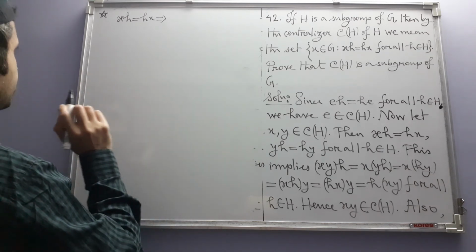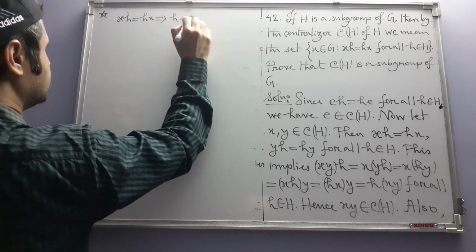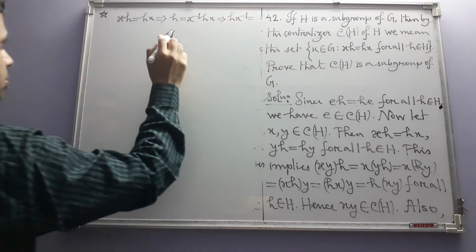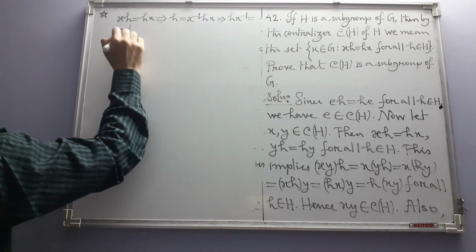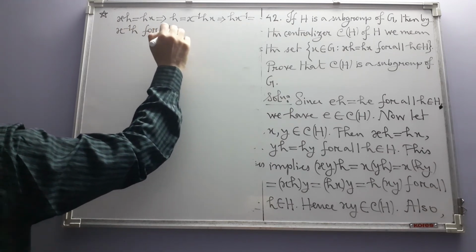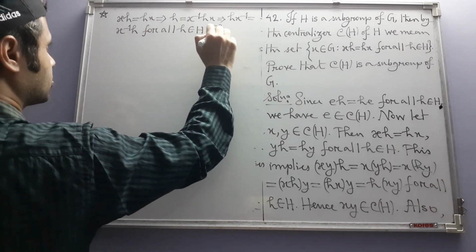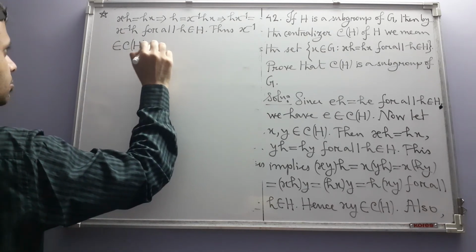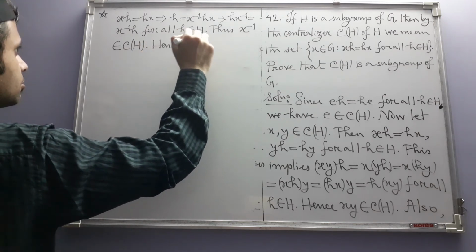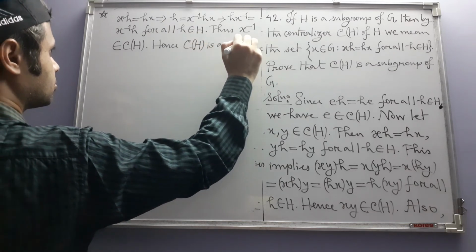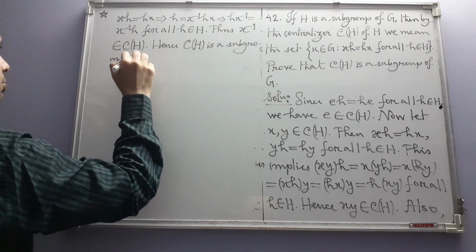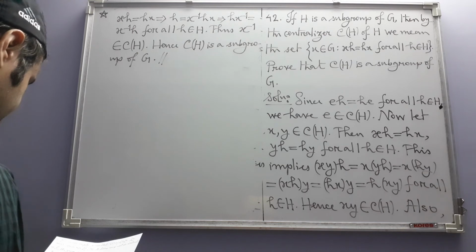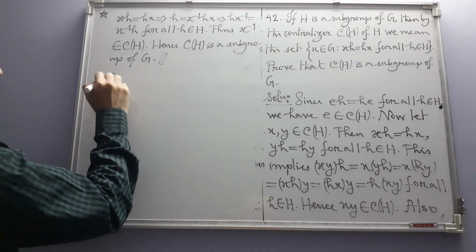I want inverse of X, not h. h is equal to X inverse hX, that is equal to hX inverse, that implies hX inverse is equal to X inverse h for all h belonging to H. Thus, X inverse belongs to C(H). Hence, C(H) is a subgroup of G. So this was 42.